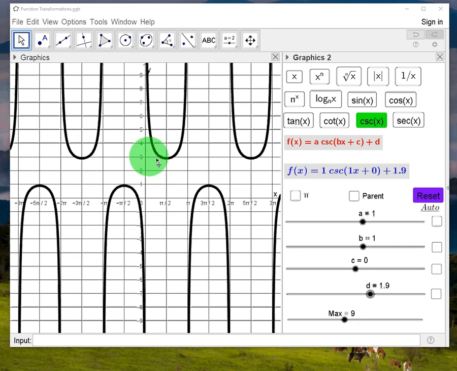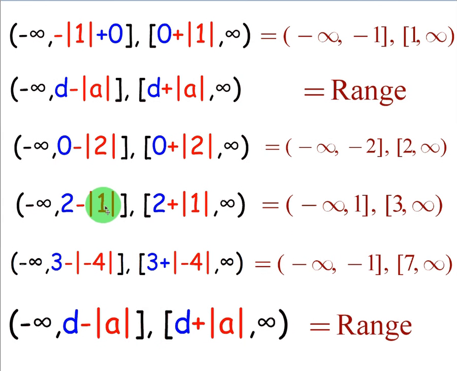Nothing happens to the amplitude. So again, we can see the amplitude is going to be 1, right? So it's going to be d, 2, minus 1, amplitude, at the top of these parabolas. Again, they're not parabolas, but U-shapes we'll call them. And then d plus amplitude, 2 plus 1, gives us 3 at the bottom of these parabolas. So the range is going to be from negative infinity to 1, and then from 3 to infinity, which is verified right here.